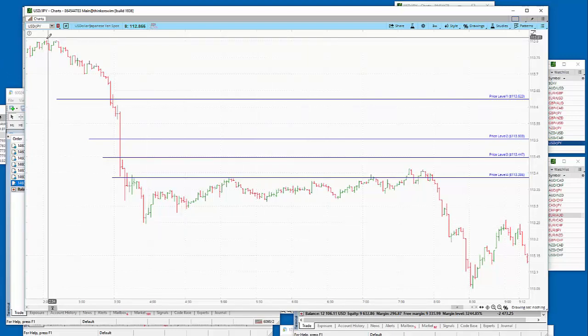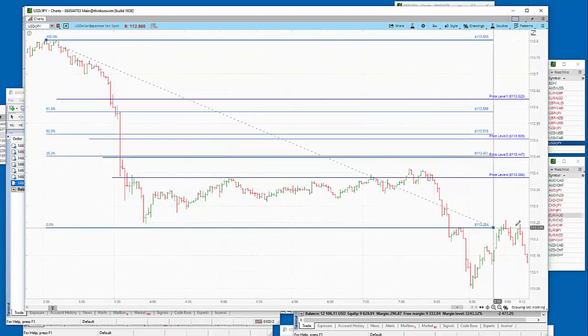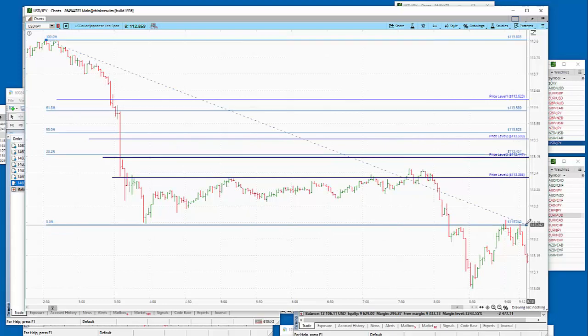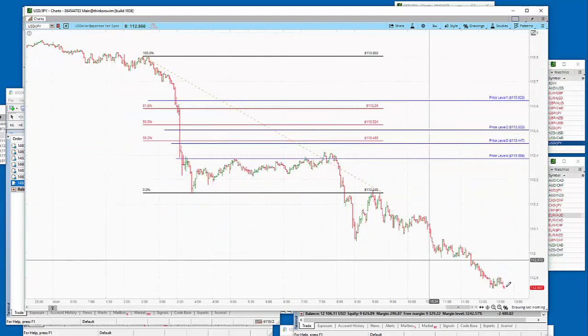What I was doing was looking at where the high price for today was, where the low price was until that point in time, and I was looking at the fact that our retracement levels were right up here in the mix of most of the trades. So I wasn't really worried about this trade, right?